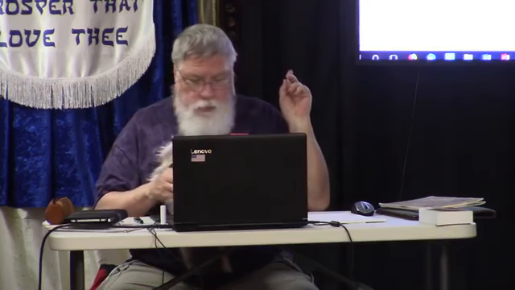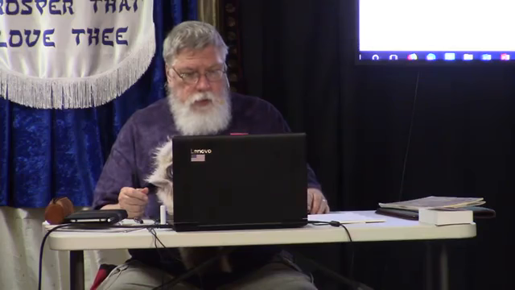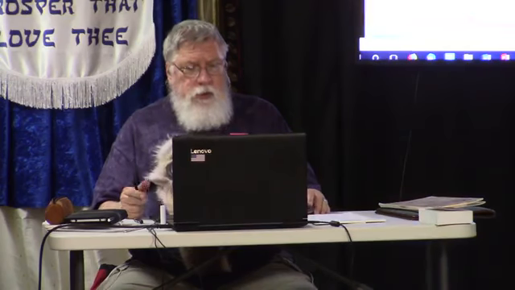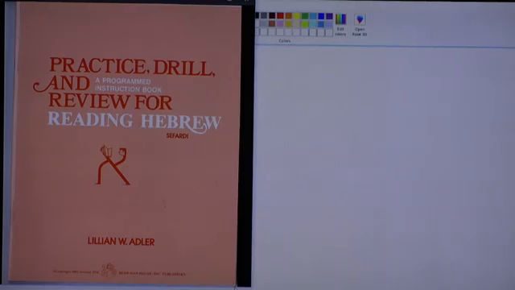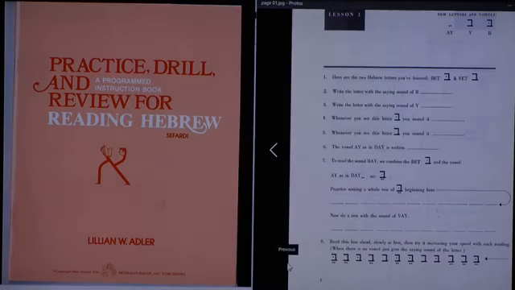All righty? Now you can see the board to my left. You're right. This is the book we're going to be using. Now, if you look in the book, you are going to see lessons that look like this.